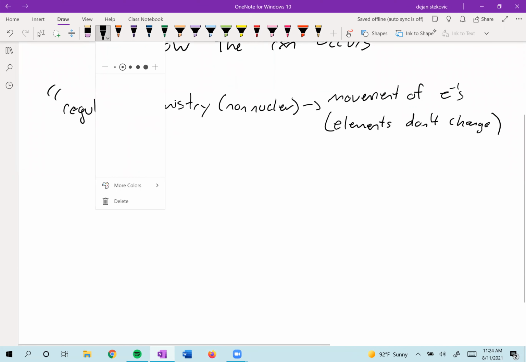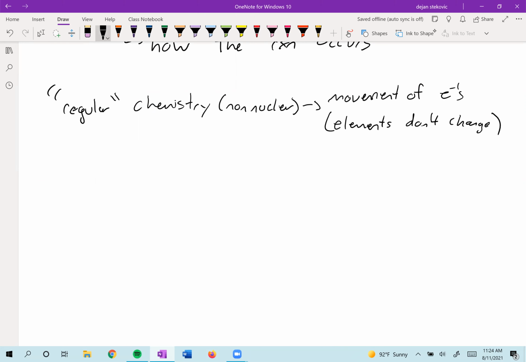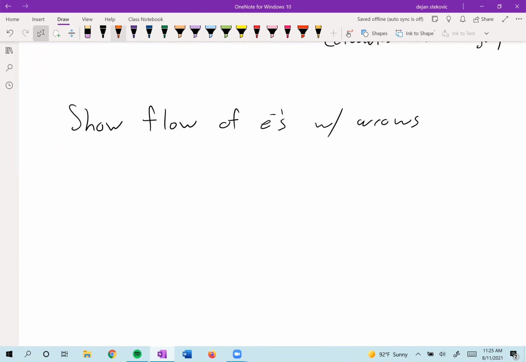And so the way we show these mechanisms is with arrows. So we show the flow of electrons with arrows. And so a couple things about these arrows. These arrows always need to start at electrons because they're showing where the electrons are going. So the arrows always start at electrons.